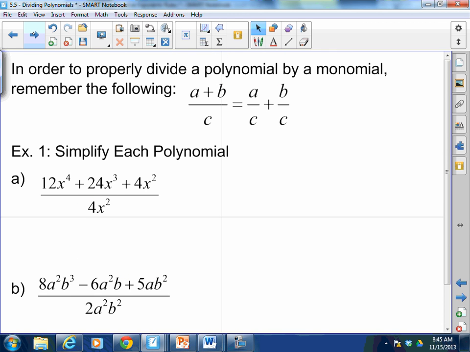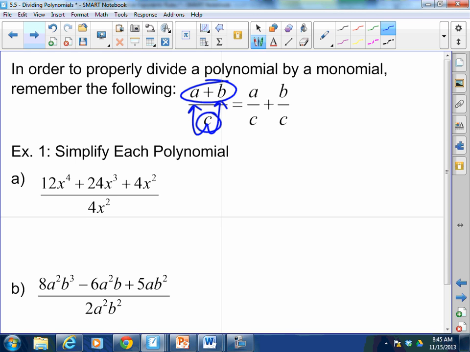In order to properly divide a polynomial, we're first going to divide polynomials by monomials. Remember, please, it's basically the distributive property of division. If I have a polynomial in the numerator, and I am dividing it by one term, by a monomial, that monomial must be divided to every single term in the numerator.